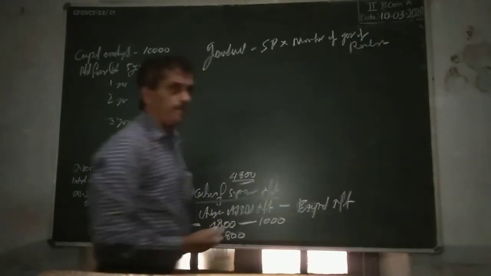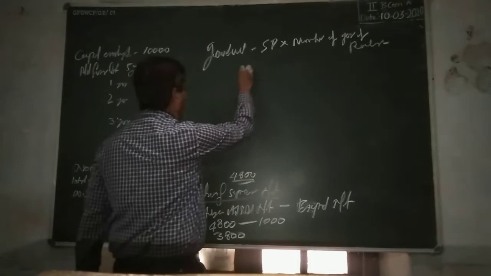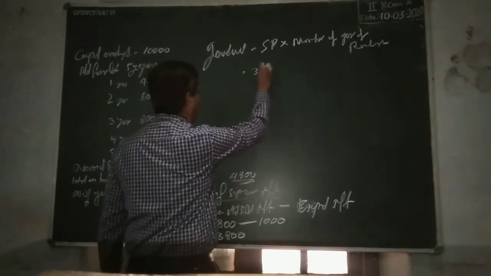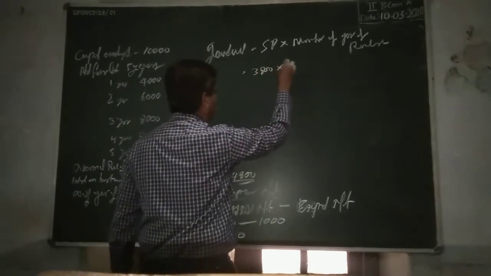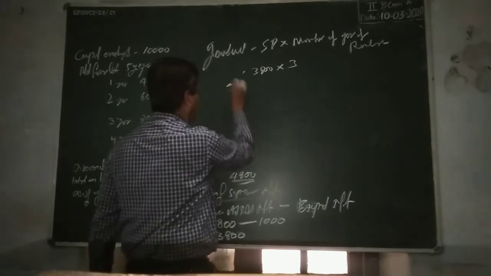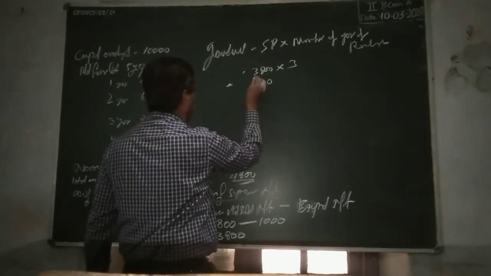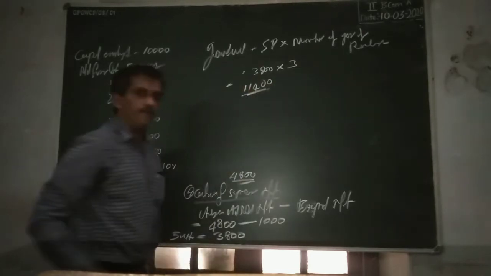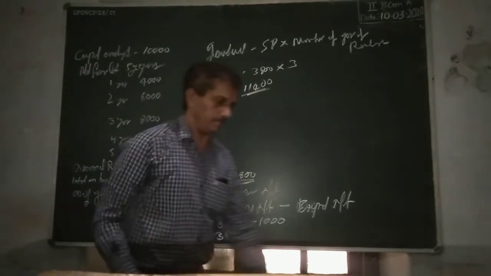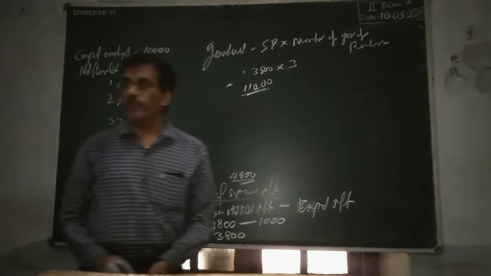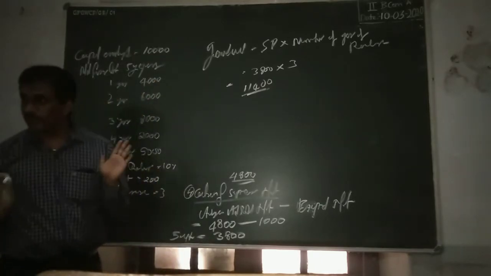The super profit we found is 3,800 into number of years of purchase, which is 3. So goodwill is equal to 11,400 under the super profit method.